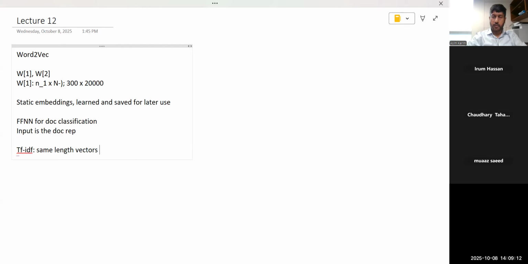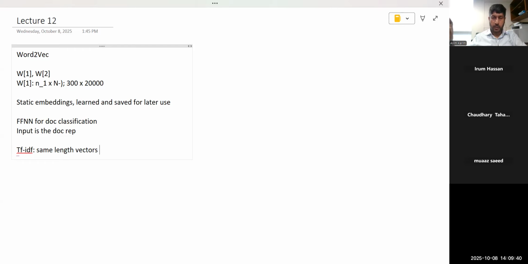And let's say the document is short, just 200 words, its representation would still be a 20,000 size vector. This is how we computed TF-IDF, right? So of course, for this case, you will develop a neural network with 20,000 inputs, and it will be applicable to all document sizes. Even if the document is small or large, its vector representation is still 20,000. So it will work fine.